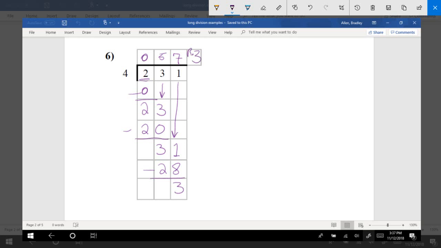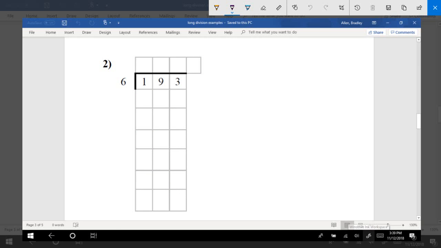Okay, remainder. So we get 57, remainder 3. If you want to double check that, you would do 57, right, times 4. Then whatever you get for your answer down here, you would add 3. I'm not going to do that right now. If you want to do that to double check it, that'd be awesome. Okay, but we're going to move on to our next problem.